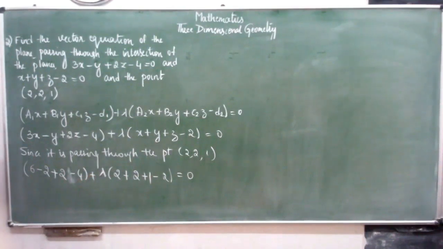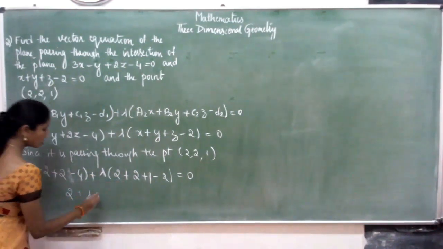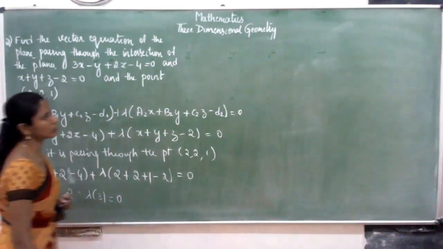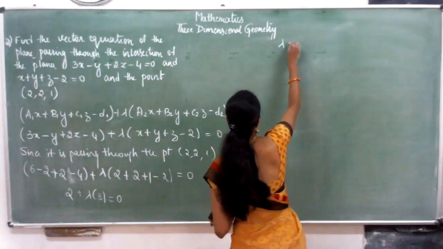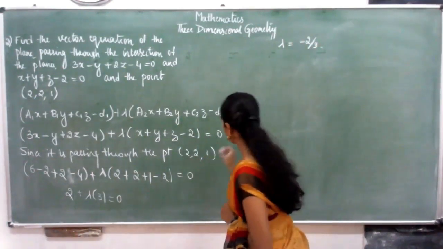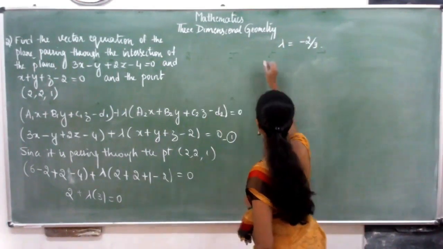Simplifying to find the value of lambda, it will be 6 minus 2 minus 4, it is 2, then plus lambda times, here you have 2 plus 2 plus 1, 3 is equal to 0. So what is the value of lambda? So lambda will be equal to minus 2 by 3. So calling this as your equation number 1.